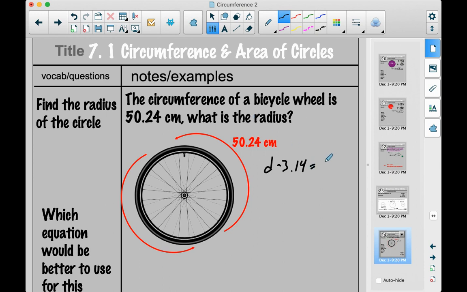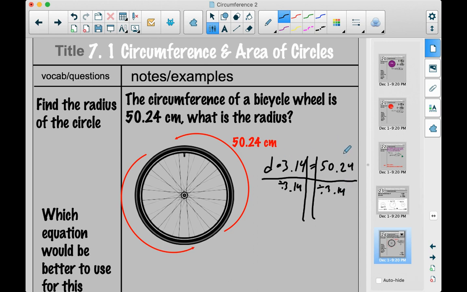So if we think back to our equation solving stuff, whatever the diameter is times 3.14 equals 50.24. This is an equation I could solve for the diameter. To get d by itself, I would divide by 3.14.